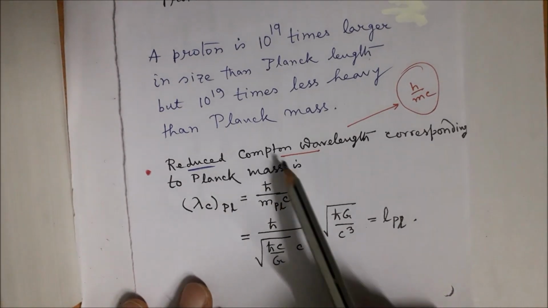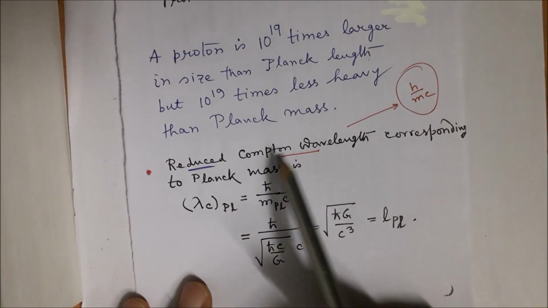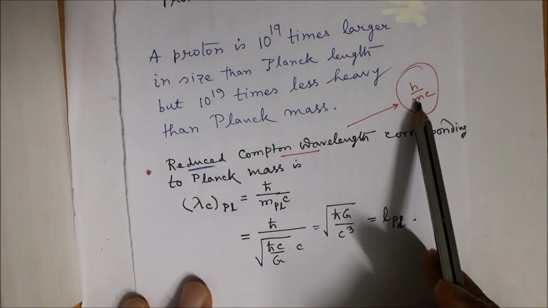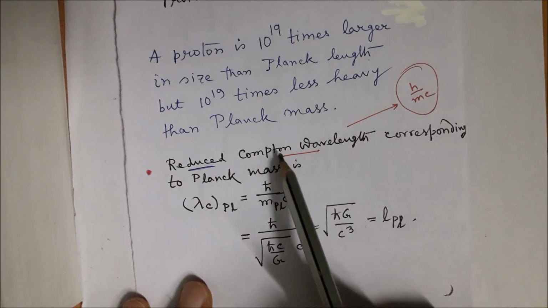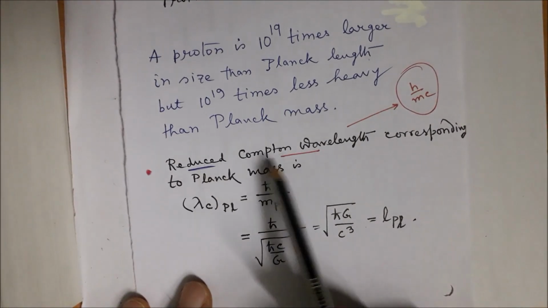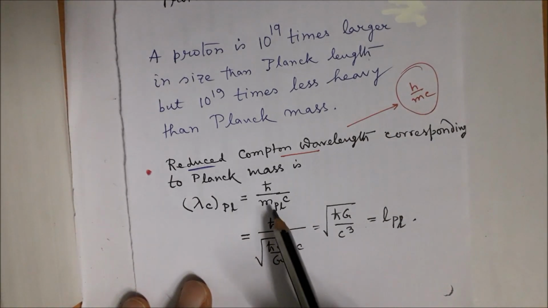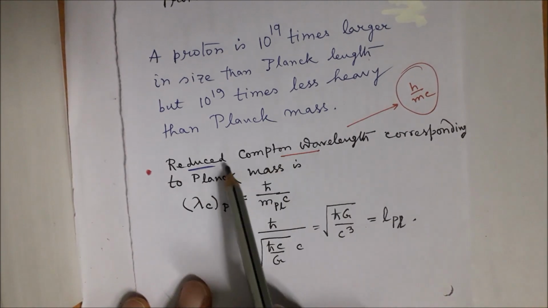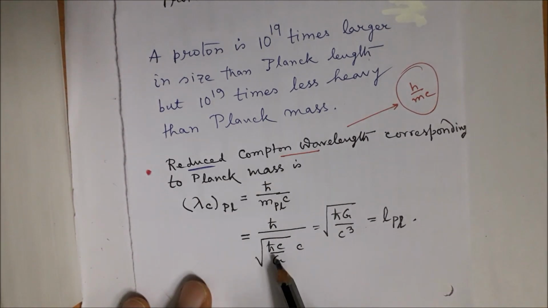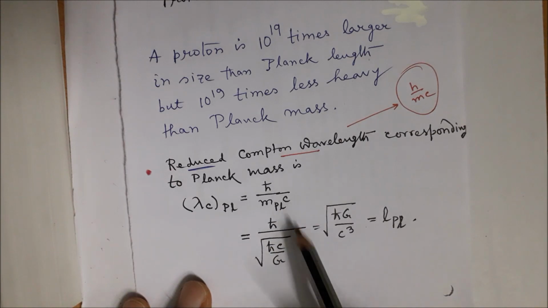We can also define Compton wavelength. We know Compton wavelength is h by mc, but reduced Compton wavelength is h cross by mc. So corresponding to Planck mass M_PL, we can define reduced Compton wavelength, and if we put the values, for M_PL we put under root h cross c by G, multiplied by c.